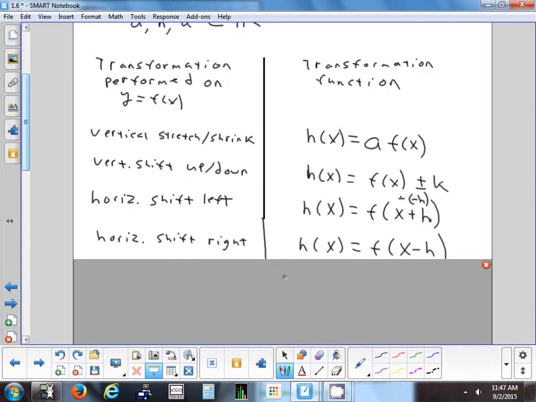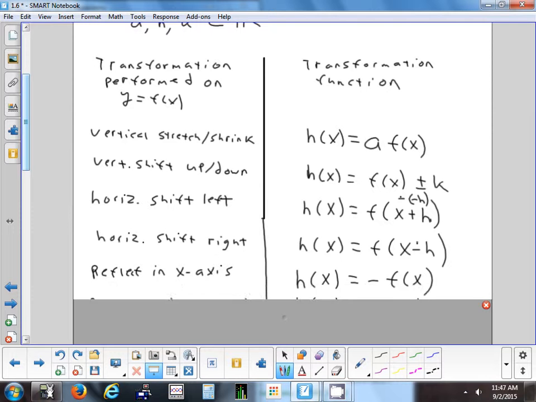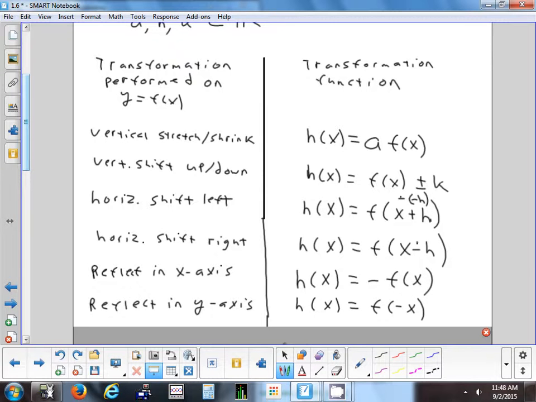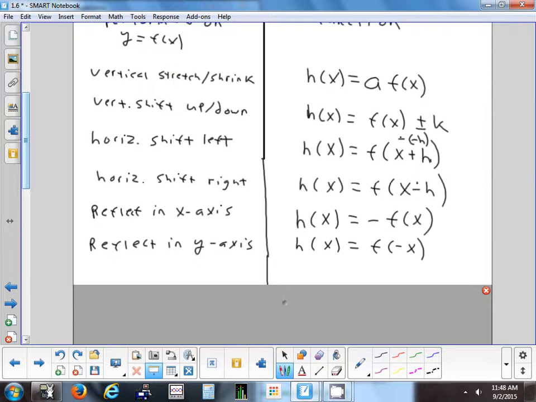If you see a minus, that's going to shift it right. If you put a negative in front of a function, that's going to flip it over the x-axis. If you put a negative inside the function, that's going to flip it over the y-axis. You learned all of those yesterday. It's just that now I'm generalizing them, not just to a parabola.